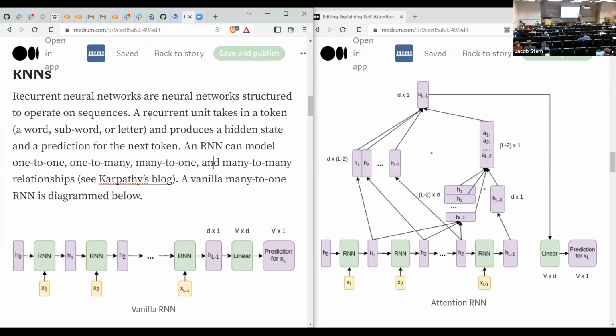Any question on how we got those attention weights? Exactly, yeah.